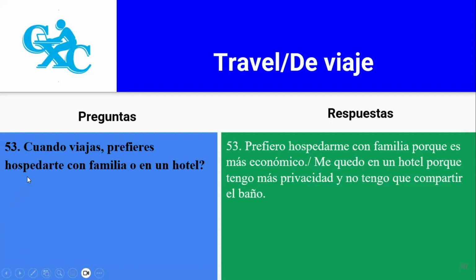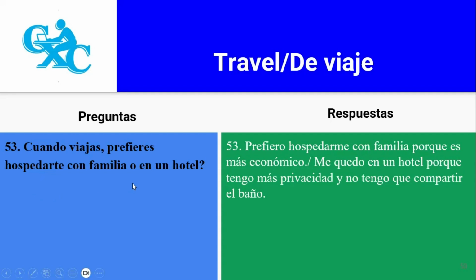So students, if you come across hospedarme or hospedarte, you can say it's the same thing as quedarse. If you hear hospedarte or quedarte, or you can say alojar, it's the same thing. Alojamiento is the place where you can be.